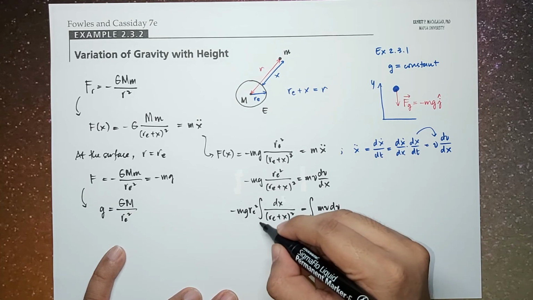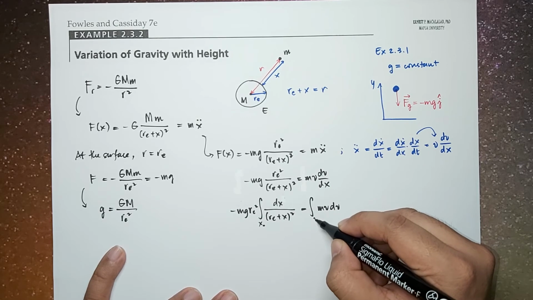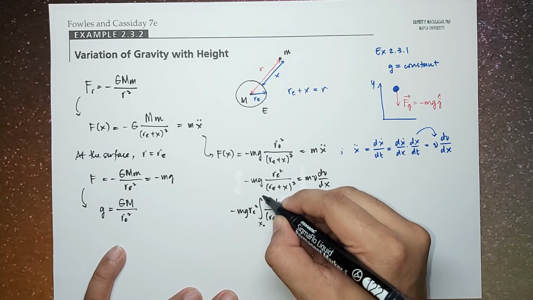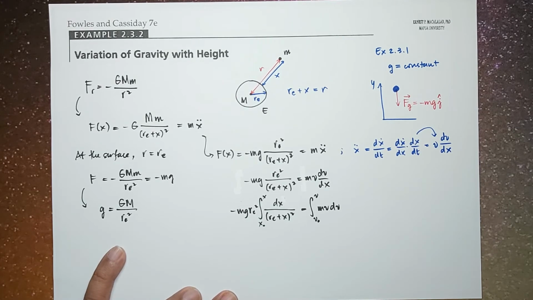At time equal to 0, the position is x equal to 0, and the initial velocity is v naught. And at a later time t, the position is at x and the velocity is at v.